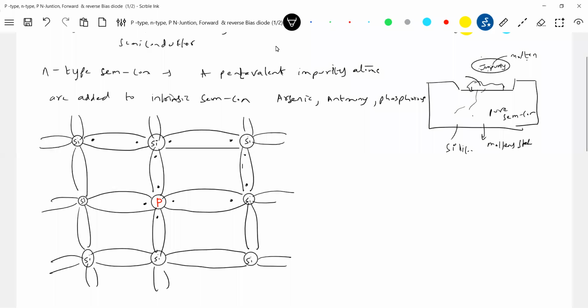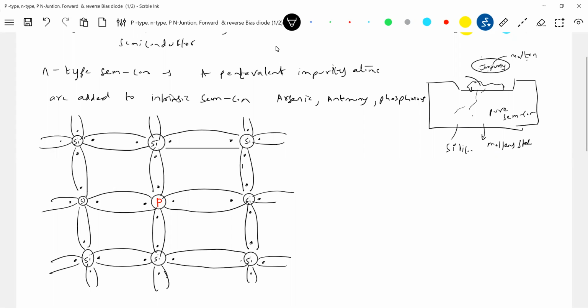And what is one more condition? The impurity atom should exactly fit into the crystalline structure. After checking that, these are a few I indicated. They will exactly fit into the crystalline structure of the semiconductor. What quantity should be added?